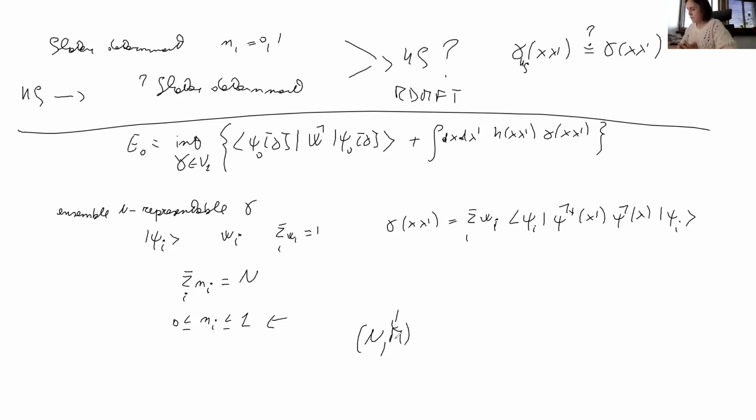So now we have these constraints, and what do we do? Well, we minimize the total energy. I didn't speak yet about approximations to this, but I will in a moment. I want to say here that in general, approximations are explicit functionals of the occupation numbers and natural orbitals, and only implicit functionals of gamma.